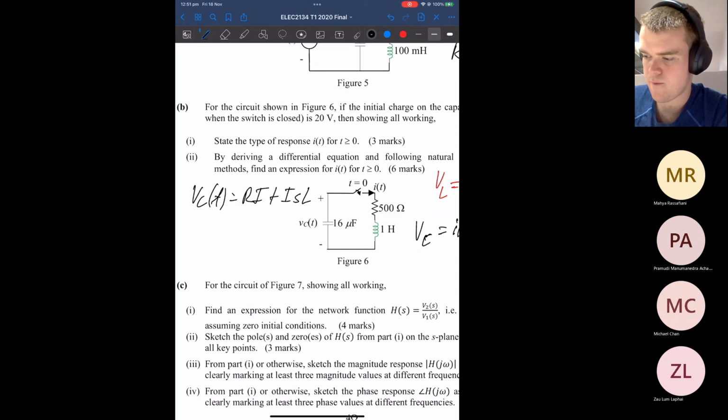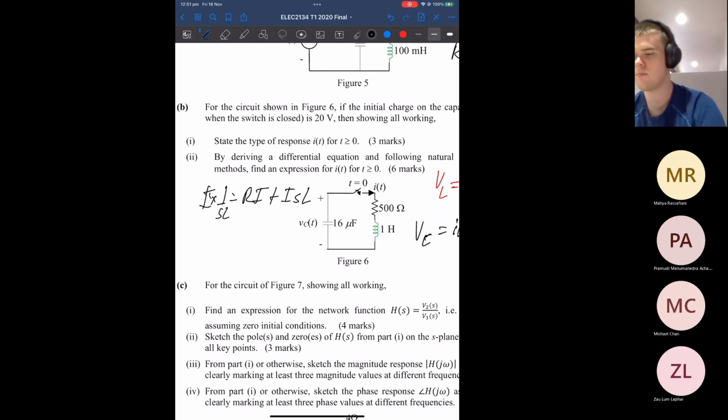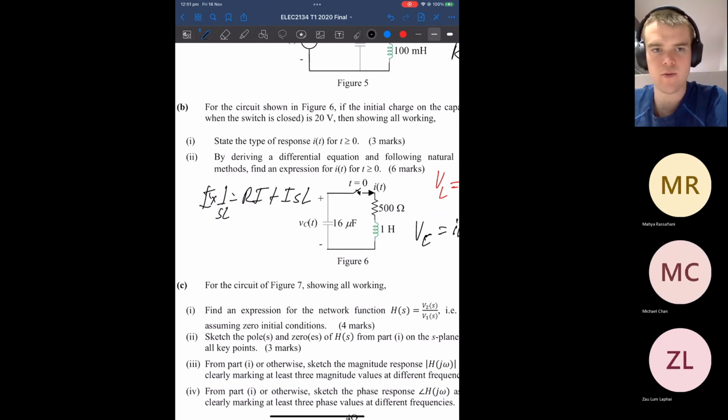And now we could replace this with the current flowing up through there, which would be our I times 1/sC, because essentially the voltage drop across this will equal the voltage drop across that.